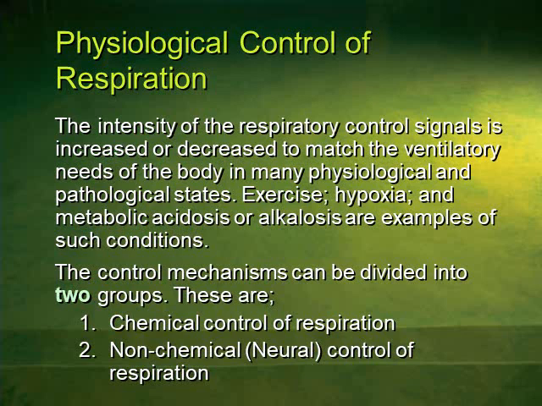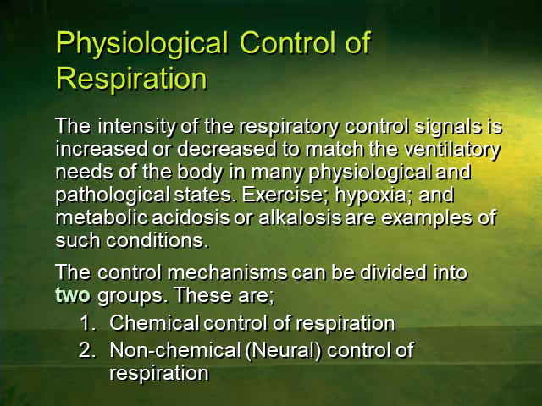So we need to understand how the respiratory center can control respiration in different physiological and stressful conditions. The intensity of the respiratory control signals is increased or decreased to match the ventilatory needs of the body in many physiological and pathological states, such as exercise, hypoxia, and metabolic acidosis or alkalosis, etc. The control mechanisms can be divided into two groups.